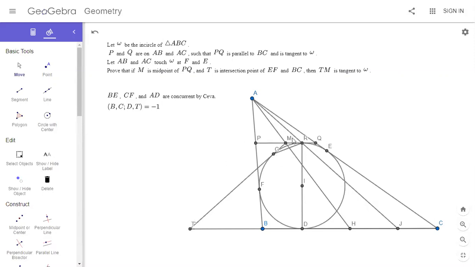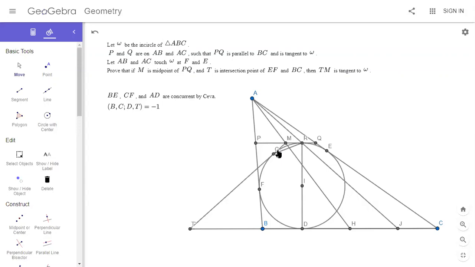So T would go to M. No, that's not going to do much. T is the pole of GD. Yeah, that's true. T prime, we're trying to prove that T prime, F and E are collinear. If we can prove that that's the case, we would solve the problem.